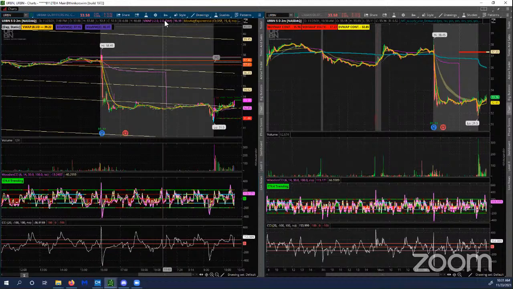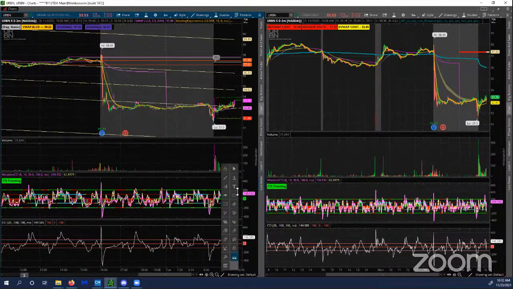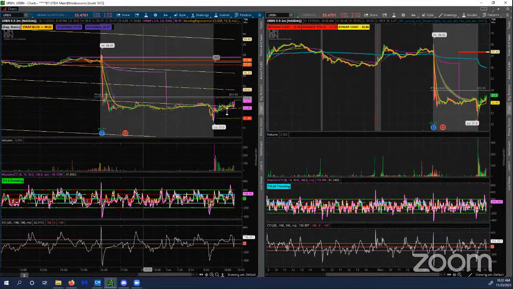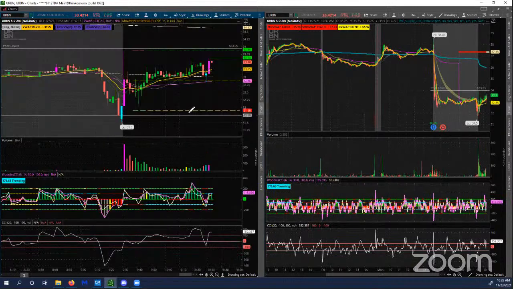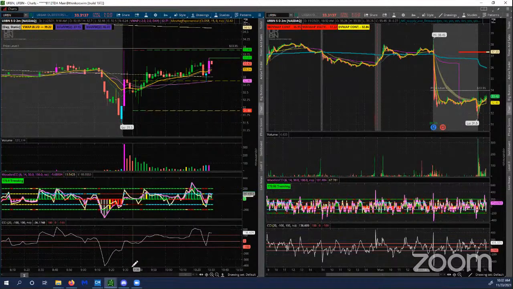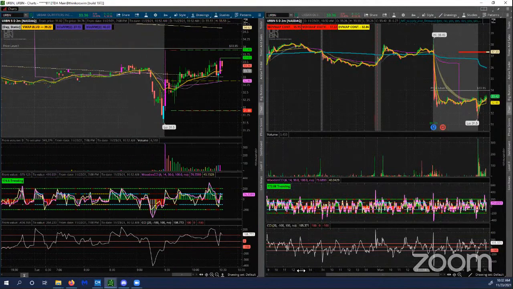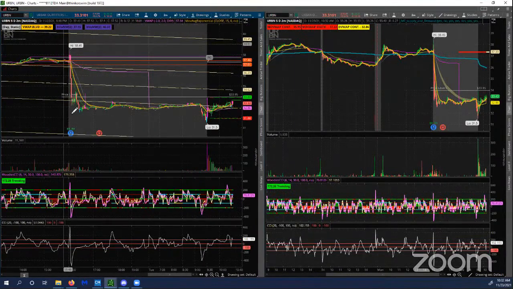So we play this to this level here, and we missed the bulk of the move. 33.95. You can see we've pretty much touched that already once. That's the first drop, and then you get that flag back up. That's always going to be my targets.